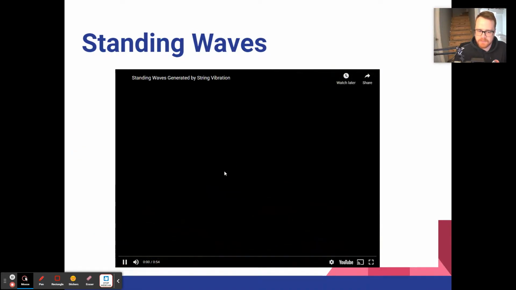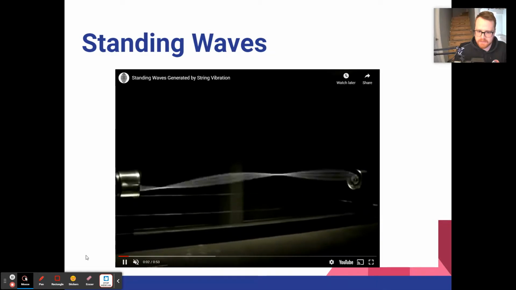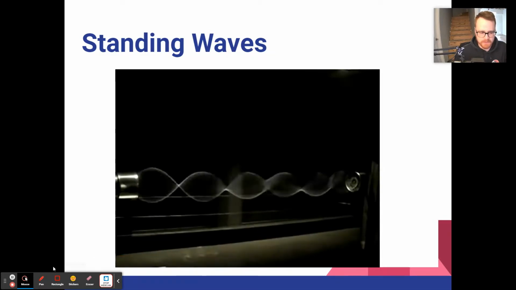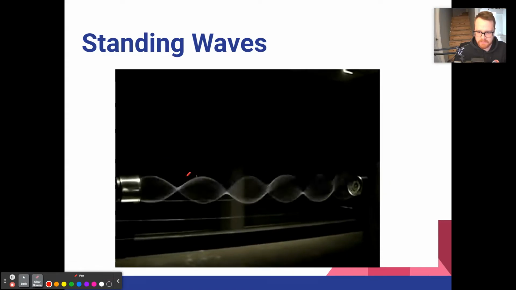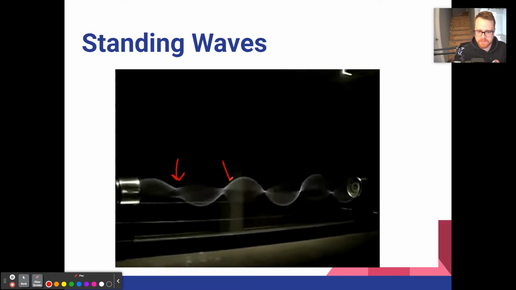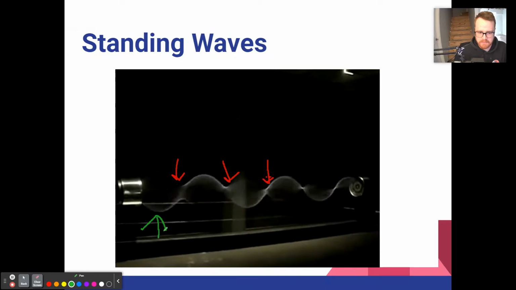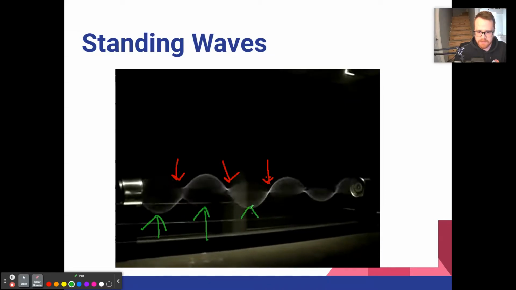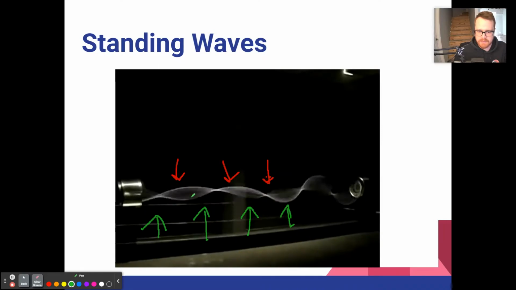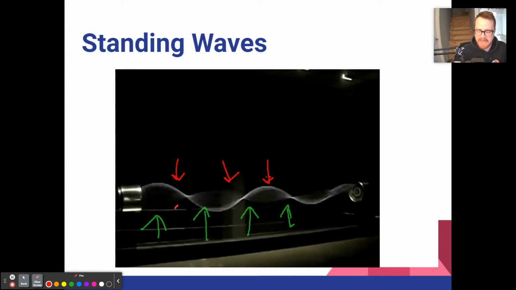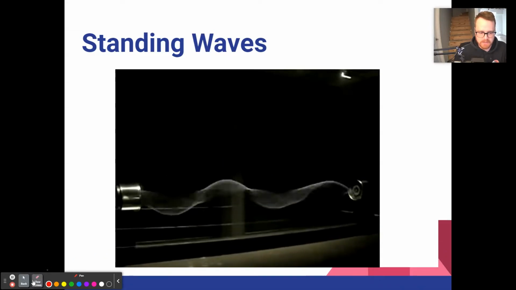Here is an example with a standing wave generator, where you have these positions right here where it's being pinched, and these positions that are like bubble-looking things. Both these bubble portions and these pinch positions have a particular name.